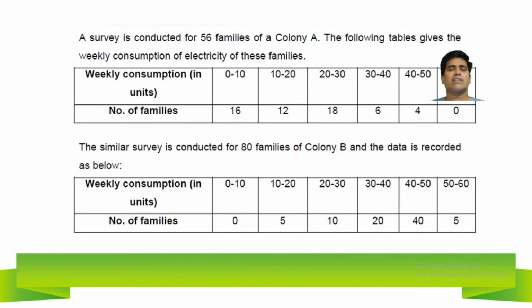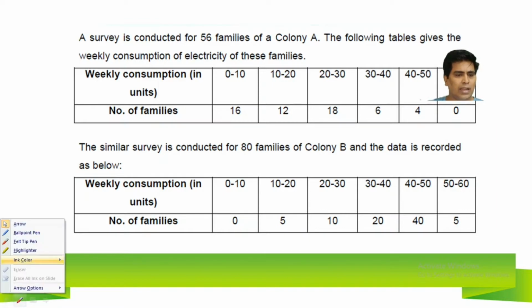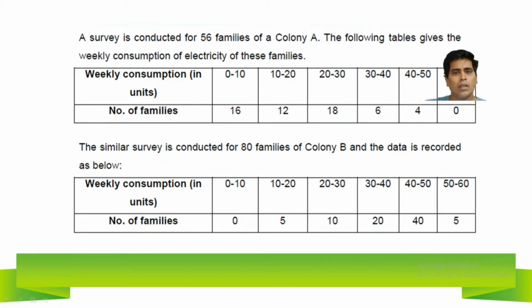What is the question asking? One thing we can note here is that we get the total number of families from colony A, which is important for calculation. So here N from colony A is equal to 56.